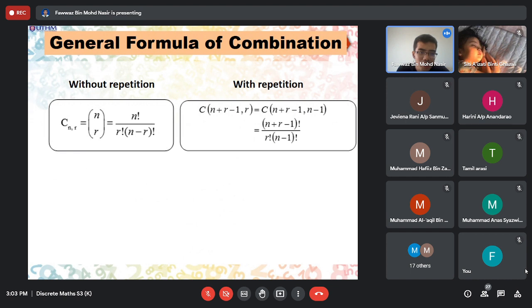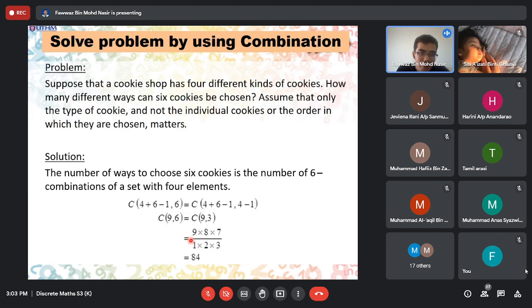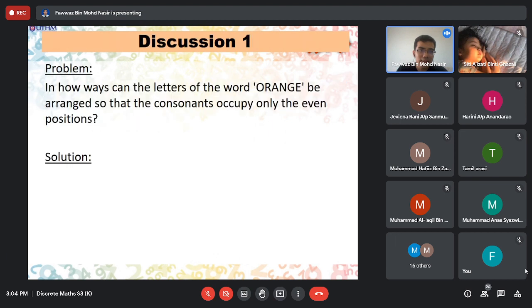So we substitute pula nilai ke dalam fractional part tu. So you get 9 times 8 times 7 divided by 1 times 2 times 3. So you get 84 ways to select 6 cookies from 4 different kinds of cookies. Okay, so this one is for combination with repetition.